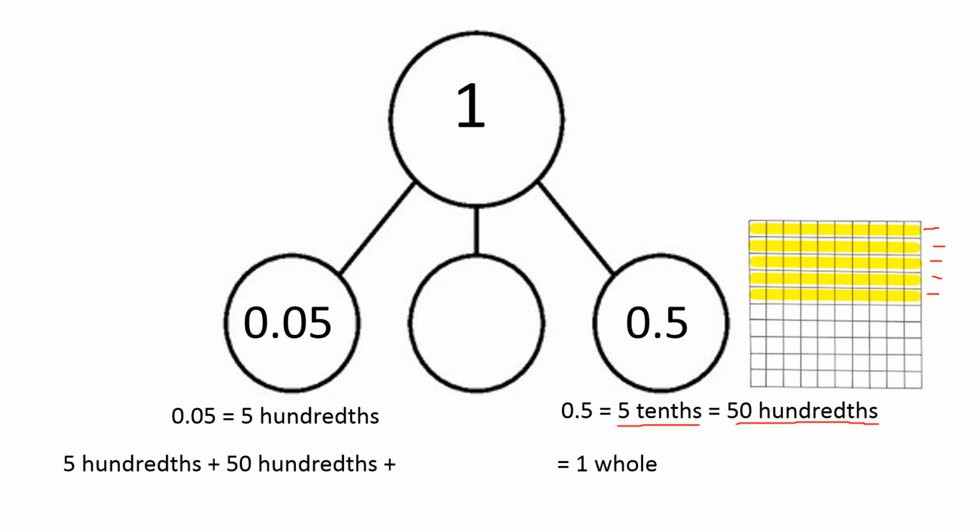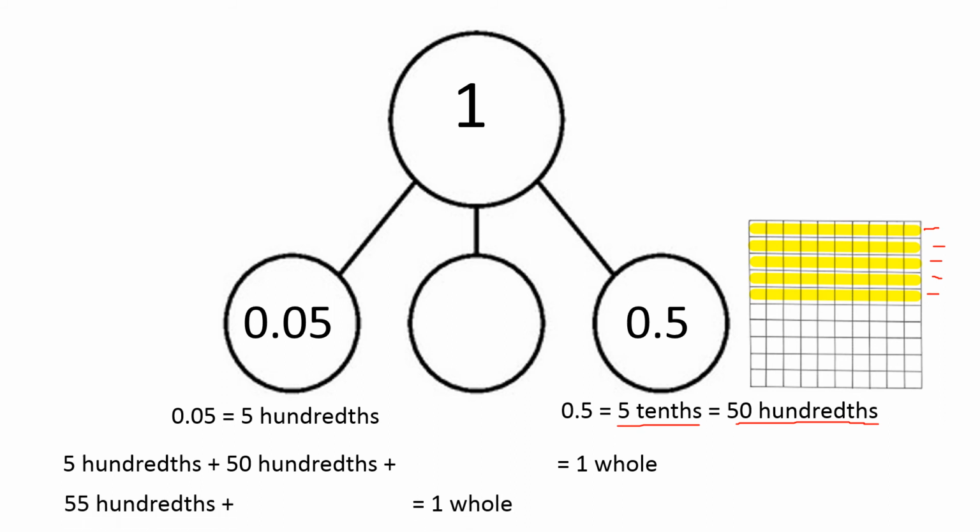So as a number sentence, we now have 5/100 plus 50 hundredths. So instead of talking about tenths, it's easier if we're talking about hundredths now. So 5/100 plus 50 hundredths plus something equals a whole. What is 5 plus 50?